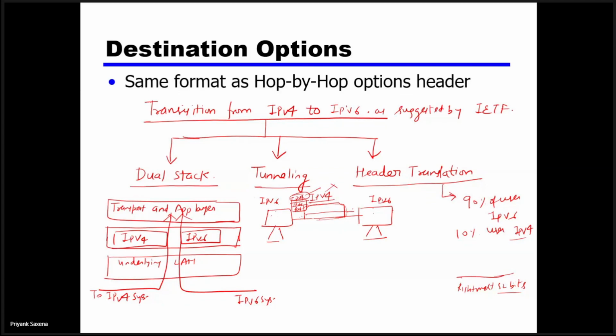This is the first case: how an IPv6 and an IPv4 user will communicate with each other. The second case is that two IPv6 users want to communicate, but the network portion through which the packets will travel uses IPv4.